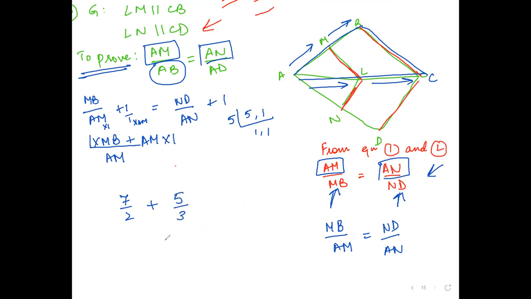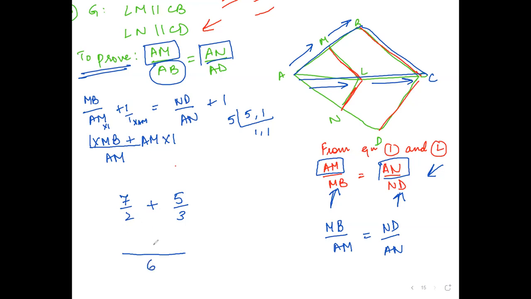Now, how will you add? The first step is to take the LCM whenever you are adding or subtracting fractions. So take the LCM of 2 and 3. What is the LCM? Tell me. 6 is the LCM. Okay.